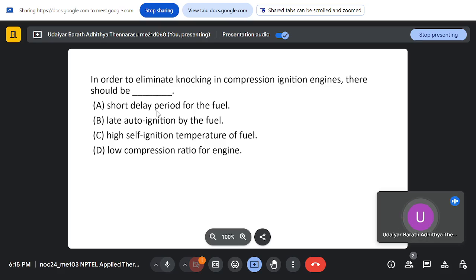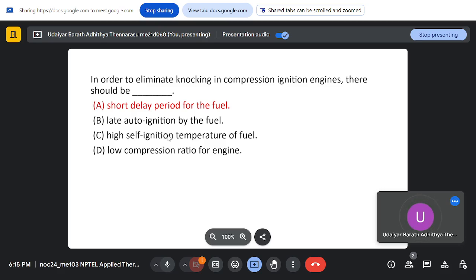So here, the answer is option A, short delay period for the fuel. In a compression ignition engine, knocking is basically combustion happening before the required time.